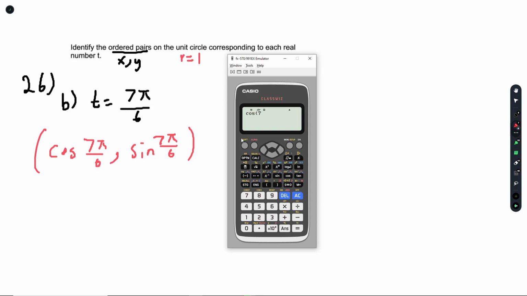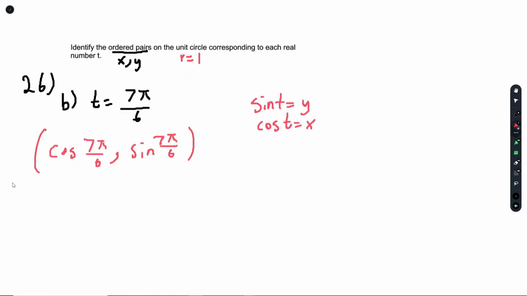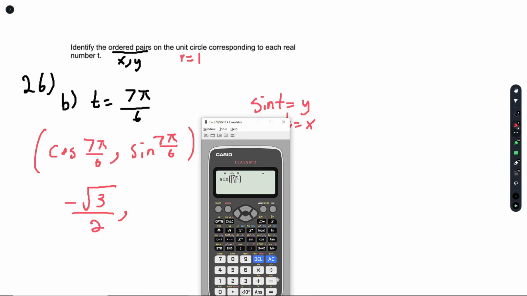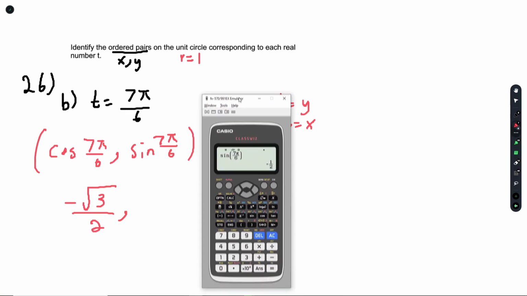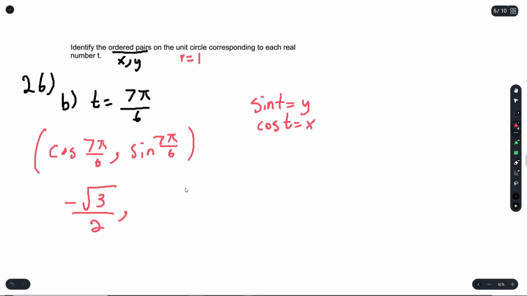Cosine of 7 pi over 6 is negative radical 3 over 2, comma, sine 7 pi over 6 is negative 1 over 2. That's our answer.